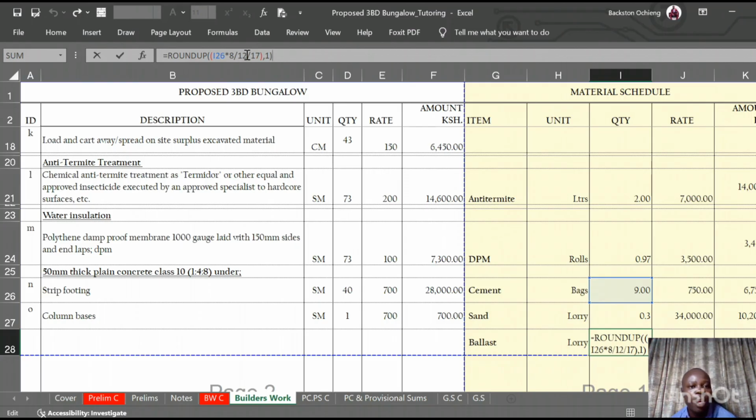Therefore, you divide by 12. But now that is going to give us the total tons. So from the total tons, then you divide by 17, which is the capacity of a lorry, so that you get the number of lorries that you should order for you to have your concrete well done. Okay, so that brings us to the end.